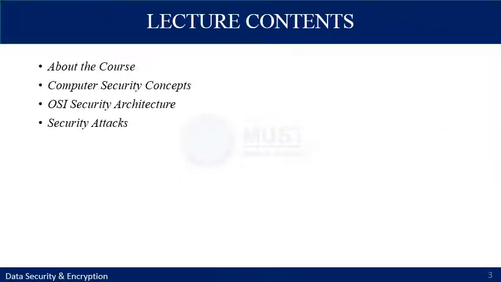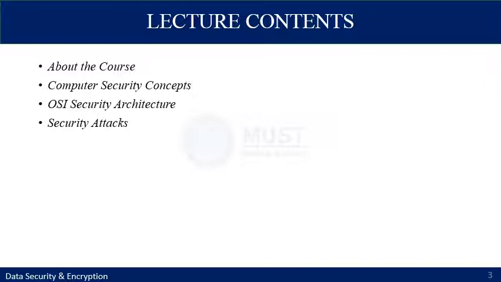Briefly cover what will be introduced in the course, and then we will move to the basic concepts of computer security. We will start with the formal definition of computer network security and some examples, and then I will highlight some challenges that the current computer security field is facing.